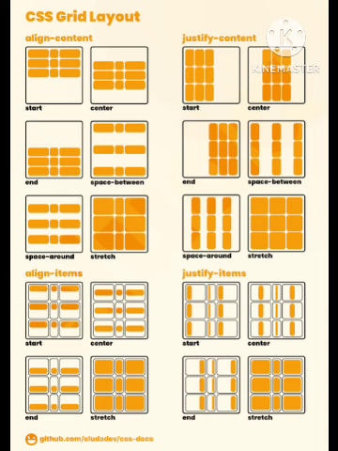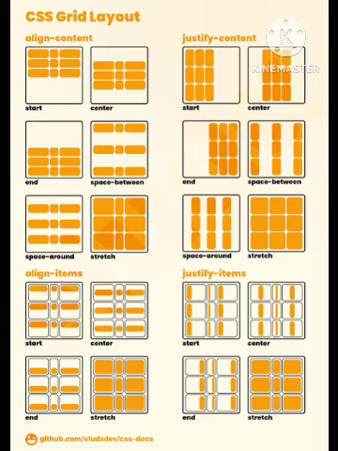Okay, when you combine both align and justify, for example, if you want a box exactly centered in the cell, you will be using both align items center and justify items center, right. One more property is there. Instead of writing justify items center and align items center, you can directly use the property place items center.